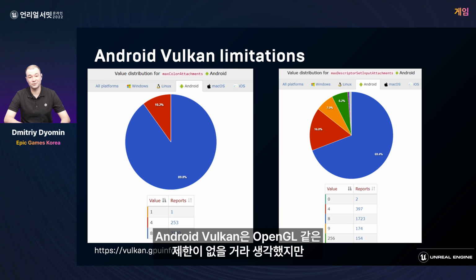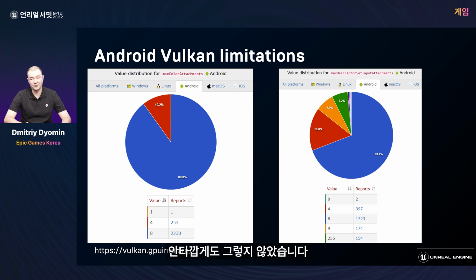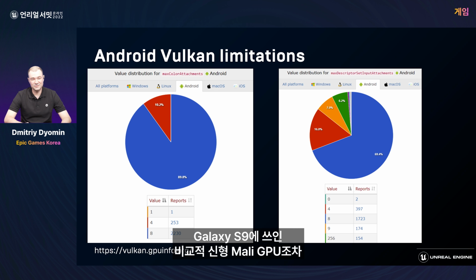We were thinking that Android Vulkan will not have such limits like OpenGL, but unfortunately, it's not the case. Not so old Mali GPUs like the one used in Galaxy S9 report that you can use only up to 4 color attachments. So that limits our G-buffer to only 4 color targets.